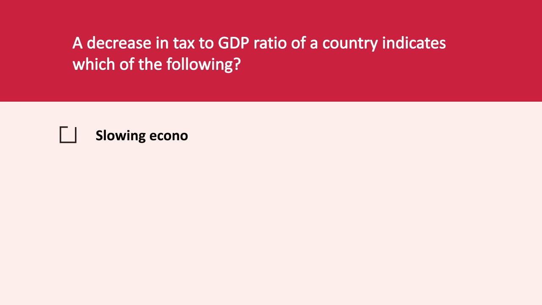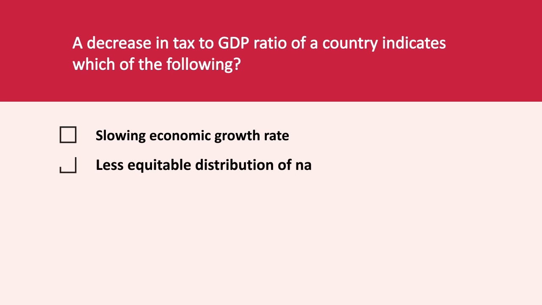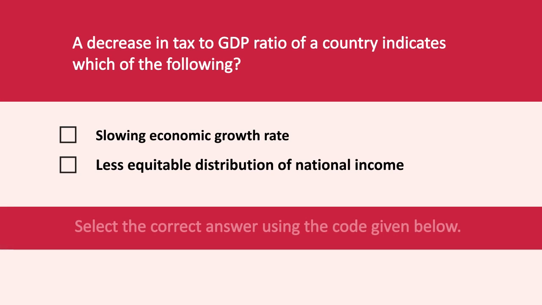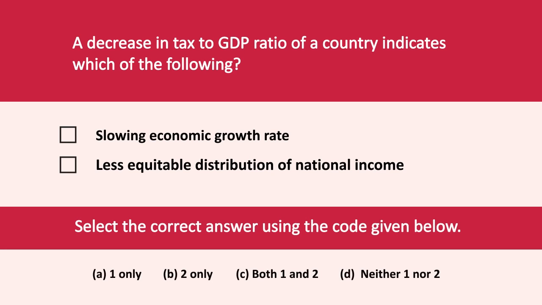Options were slowing economic growth rate; second, less equitable distribution of national income. The students were to choose from both of them, and they have been given some choices. That was a simple question from economy. The question was not factual, it is a concept-based question. But then it was simple.